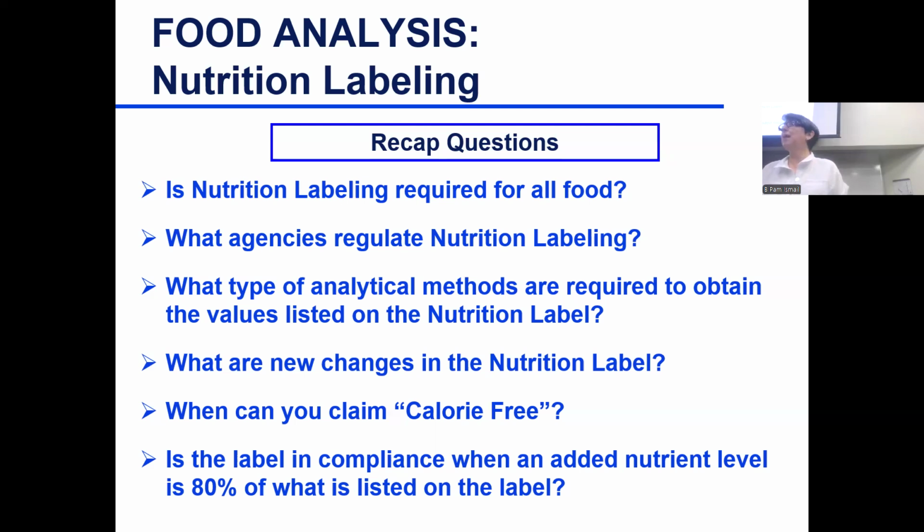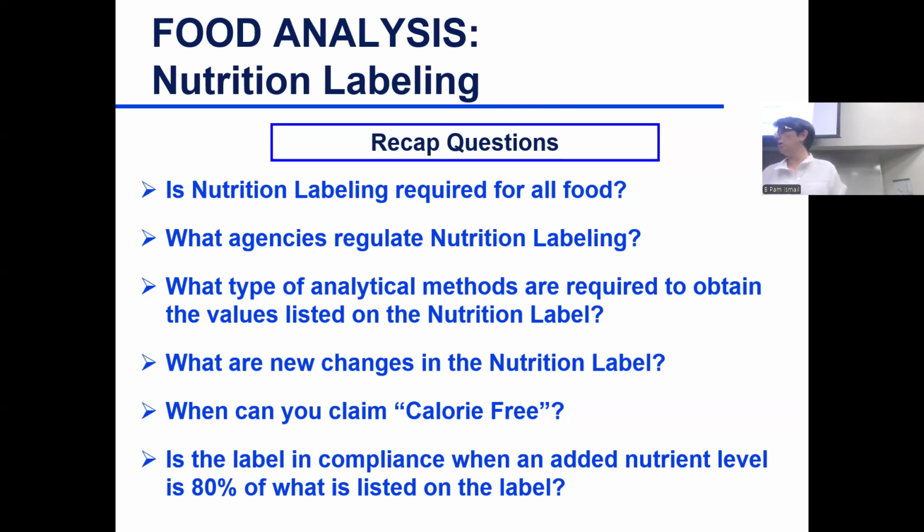So what do you think I'm asking here? I'm not asking for a specific name of a method. I'm asking you whether it is official methods of analysis or rapid secondary methods of analysis.